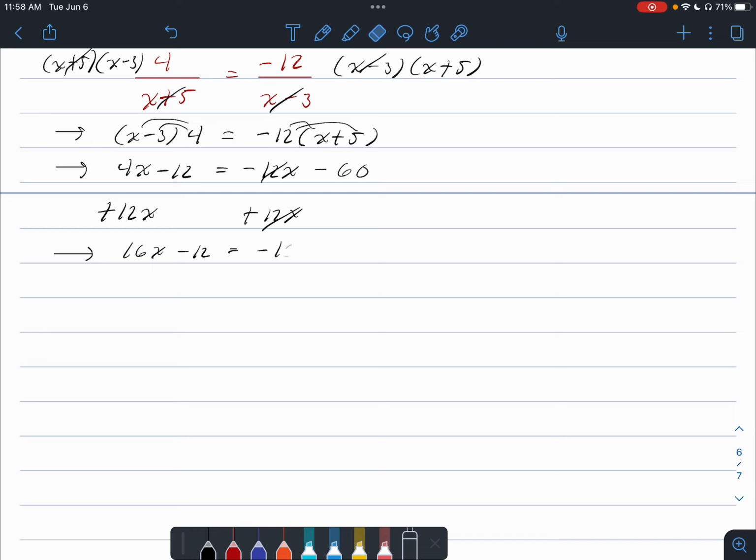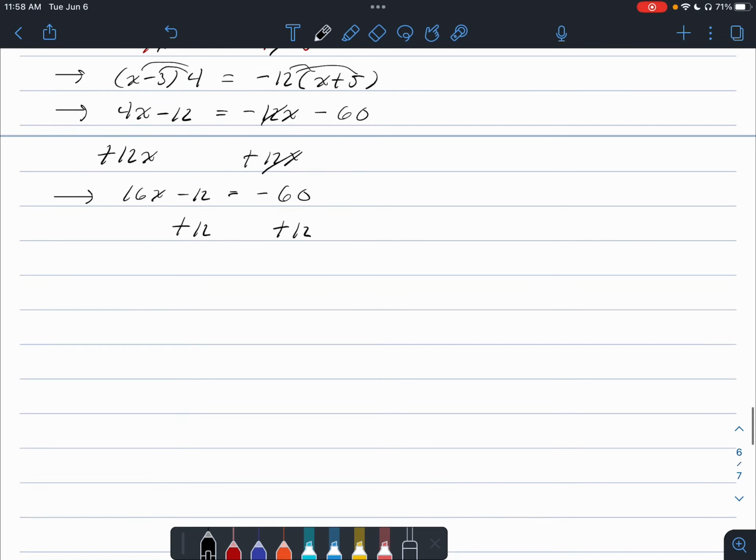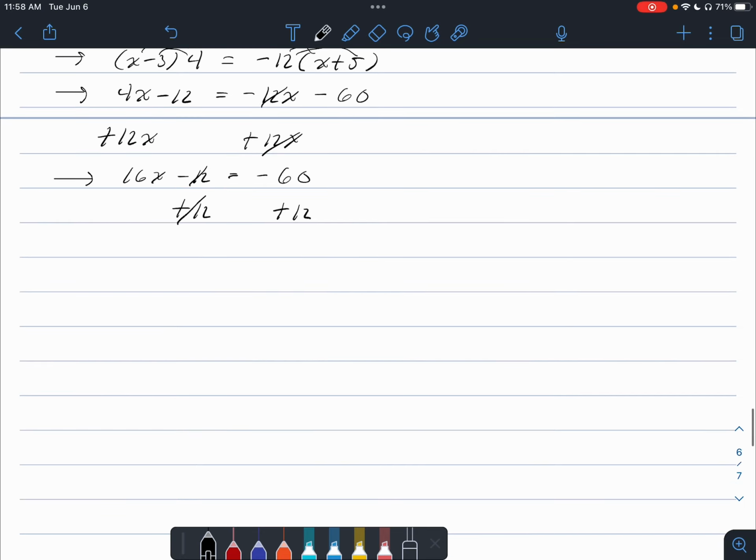Now we can add 12 to both sides. This 12 will cancel, and we get that 16x is equal to negative 48.